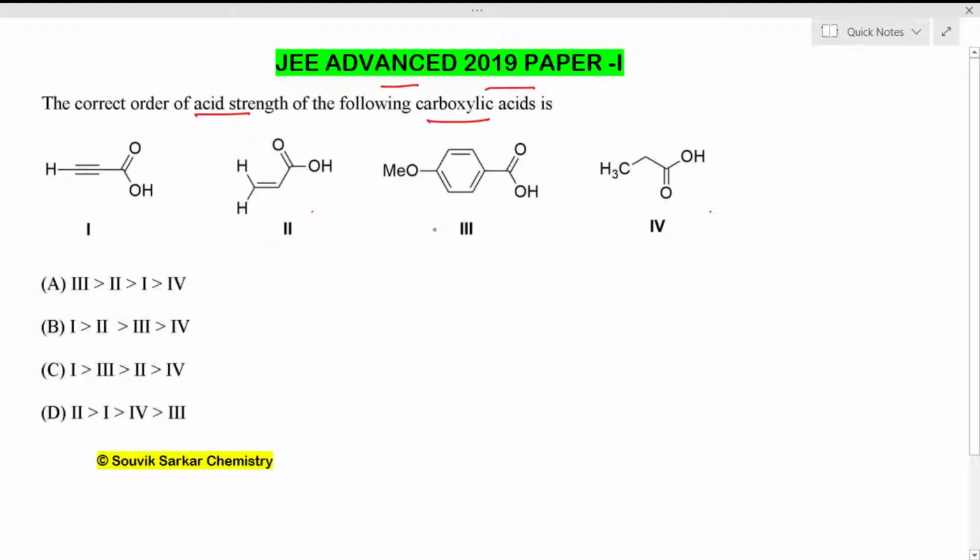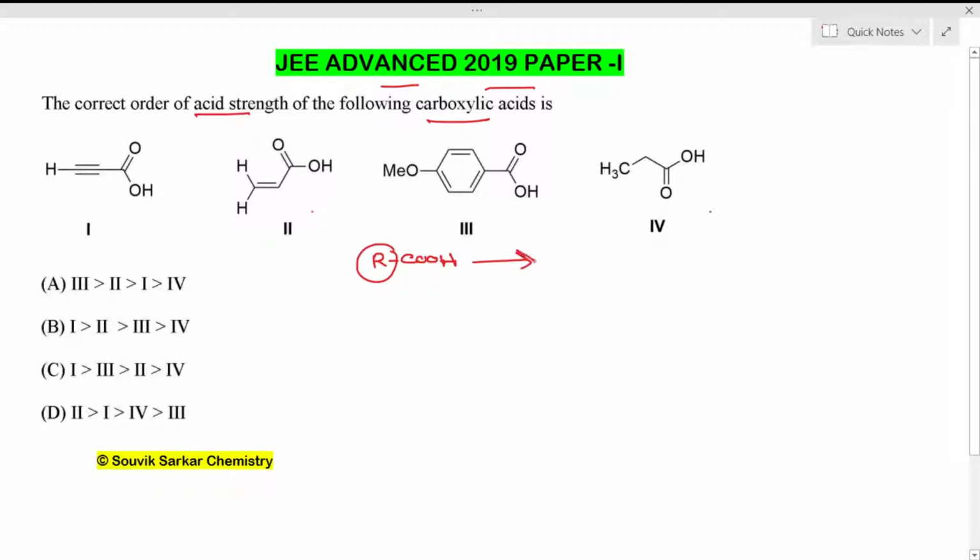Before solving the question, we have to know some basic concepts of acidity of carboxylic acids. Suppose there is a carboxylic acid like this, RCO2H. This R group may be aliphatic or aromatic, whatever it may be.